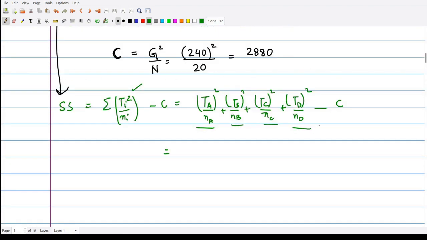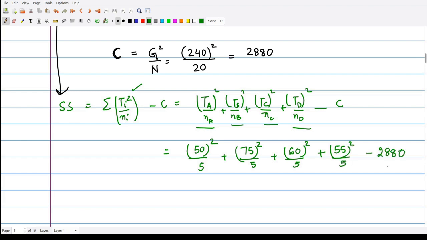So accordingly, we have 50 square divided by 5 plus 75 square divided by 5 plus 60 square divided by 5 plus 55 square divided by 5 minus 2880, where 2880 is the value of C that we have just calculated.